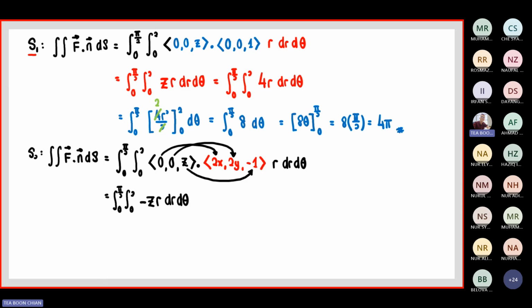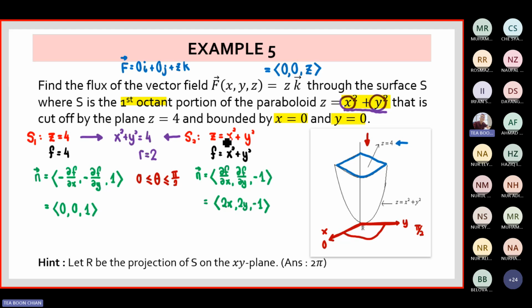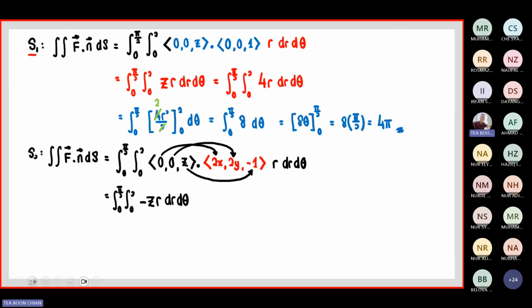Now be careful. To replace the z, S2 surface is x squared plus y squared. S2 surface, z is x squared plus y squared. Therefore, when you substitute, now it becomes 0 to pi over 2, integrate 0 to 2, negative x squared plus y squared r dr d theta.